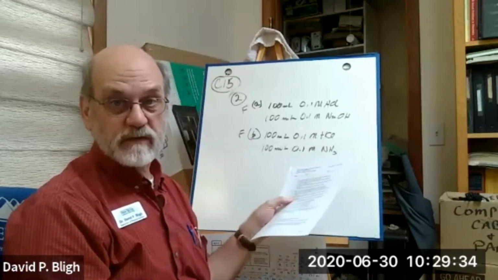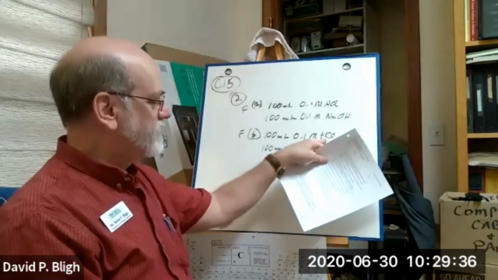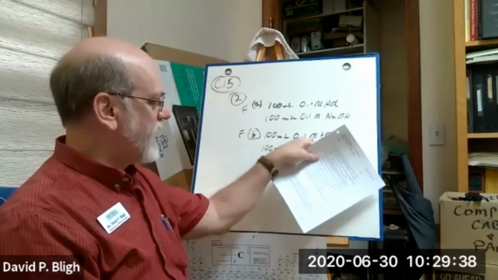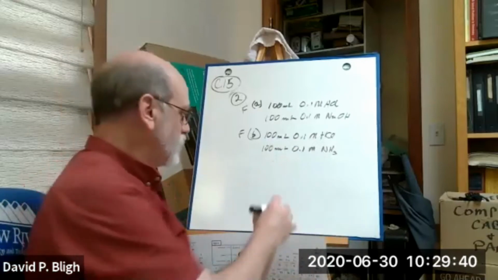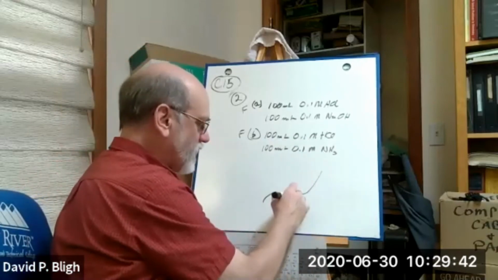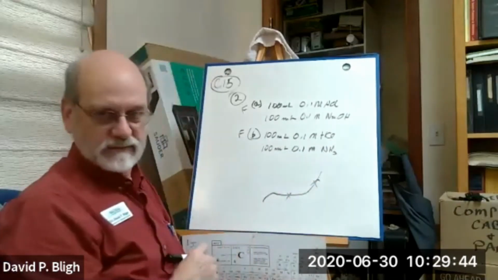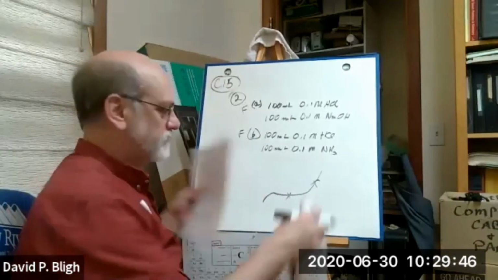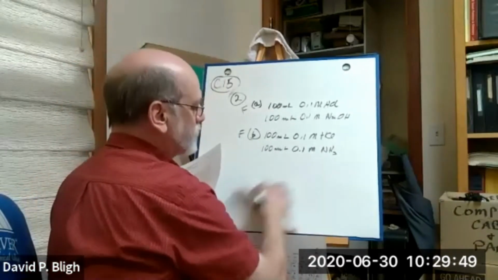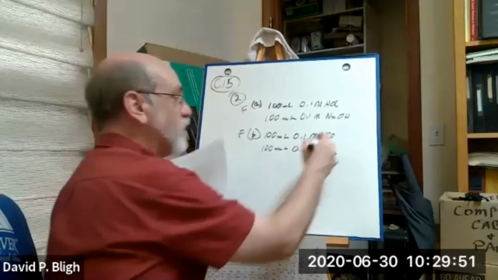You've got equivalence. You've got exactly the amount of this acid as base. You've neutralized it. That's the stoichiometry. A perfect stoichiometry.